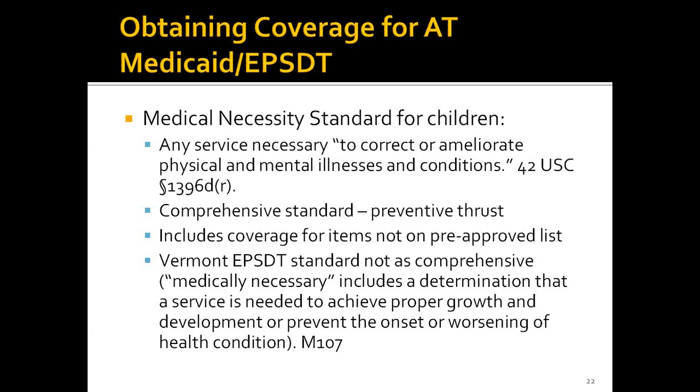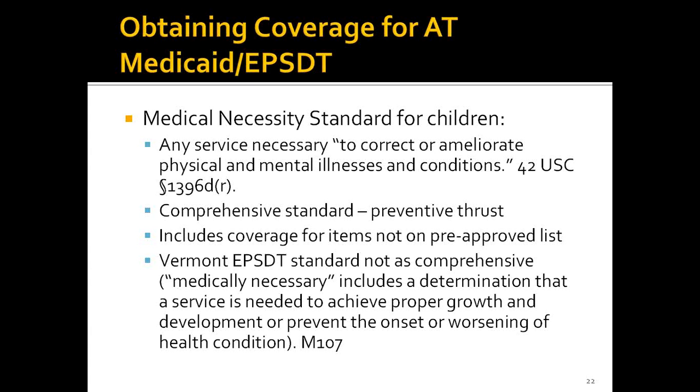And basically, under the EPSDT standard, medical necessity is any service necessary to correct or ameliorate physical and mental illnesses and conditions. Congress has repeatedly, in reauthorizing EPSDT, focused on its preventative thrust, which is particularly important for children.